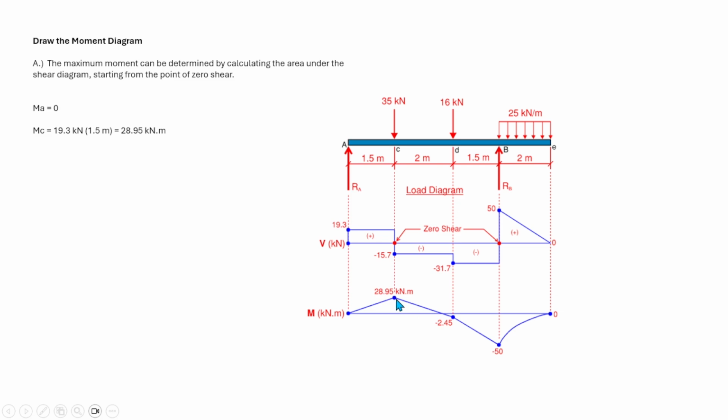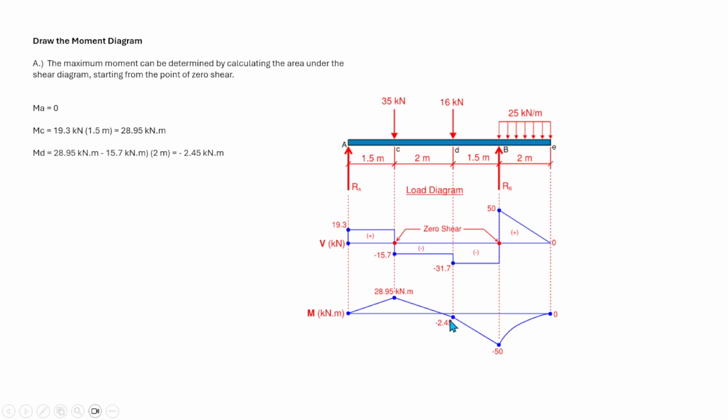Then the moment at point C is equal to the area to the left. Our shear here is positive, so the moment is equal to 19.3 kilonewton times 1.5. That is the maximum positive moment because the shear here is 0. The maximum moment occurs where the shear is 0.